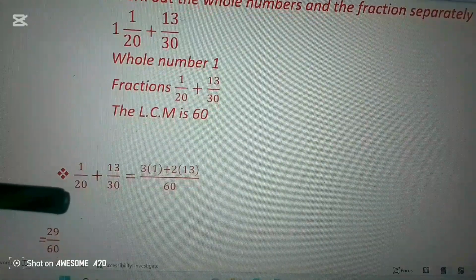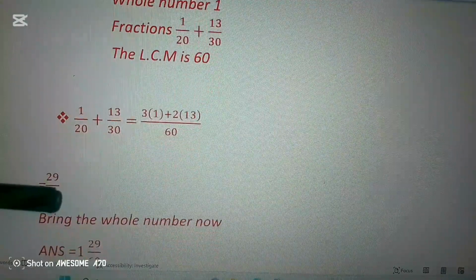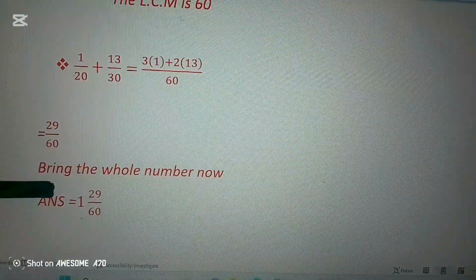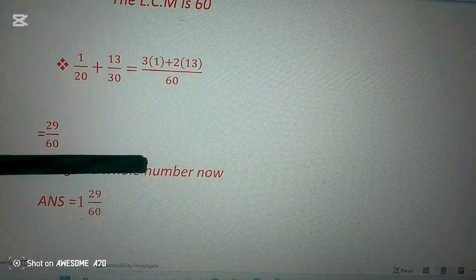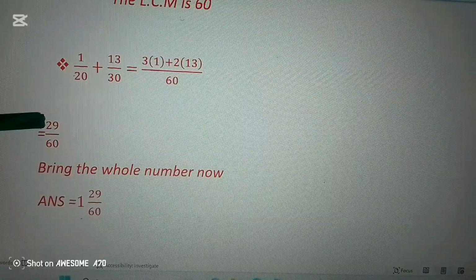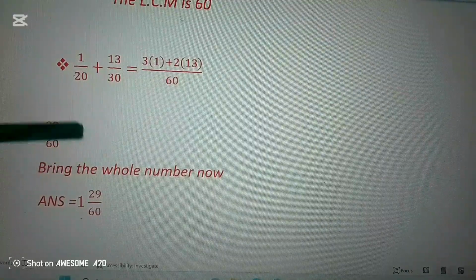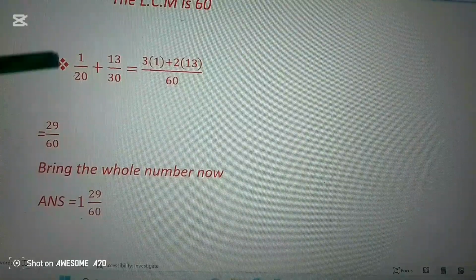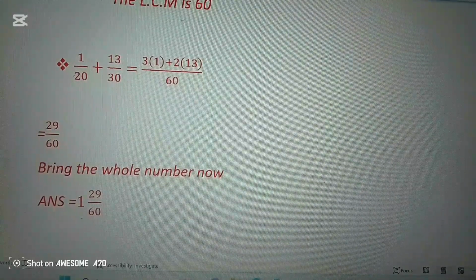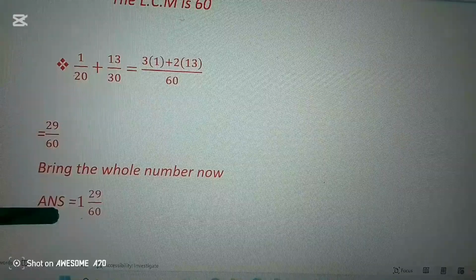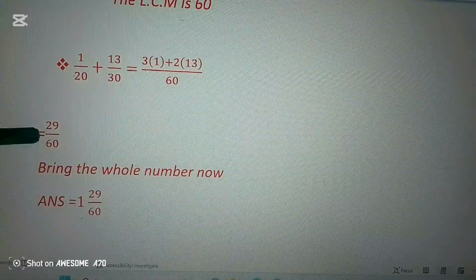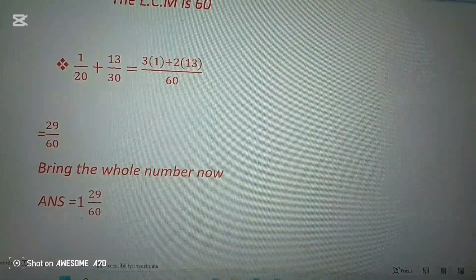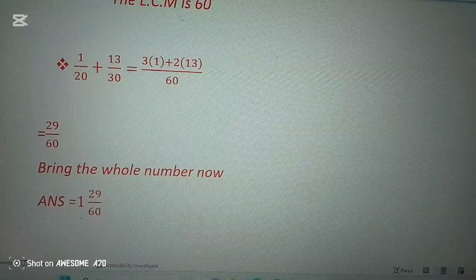So we bring the whole number to the fraction that we have gotten as our answer to the added fractions. We just bring it in, and don't do anything else.